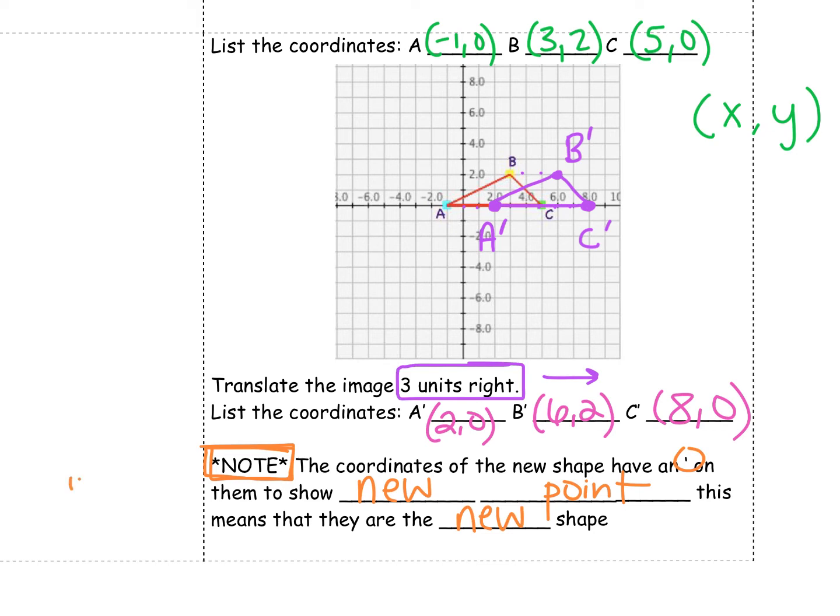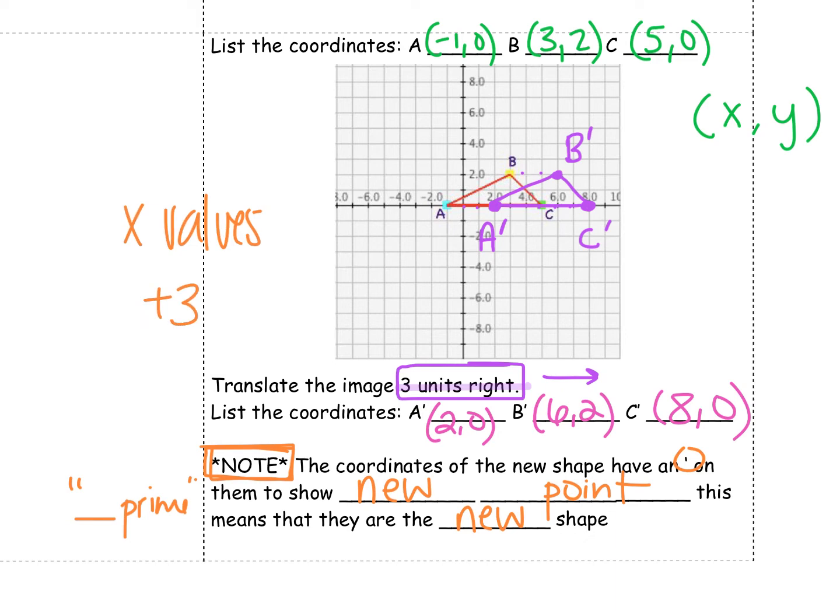So it has that prime symbol. And then also look at your coordinates here. Make those observations. When we shift 3 units right, that changes the X value. So that means my X values are going to be different, by adding 3 to them because I shifted right 3.